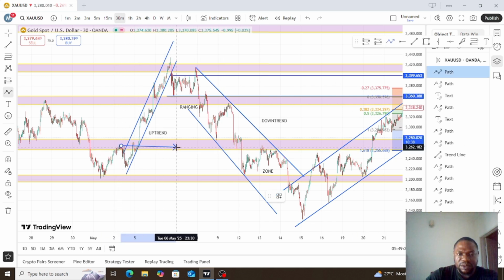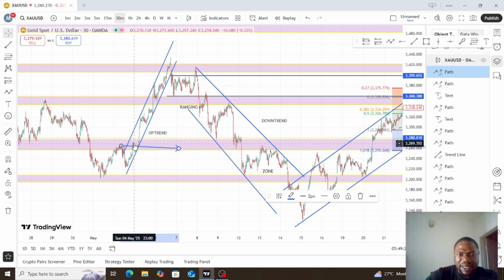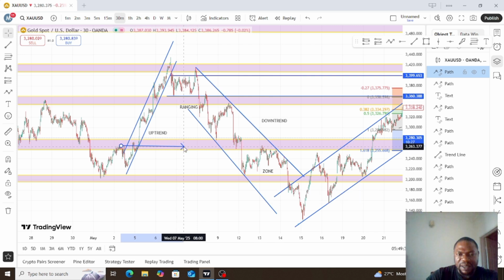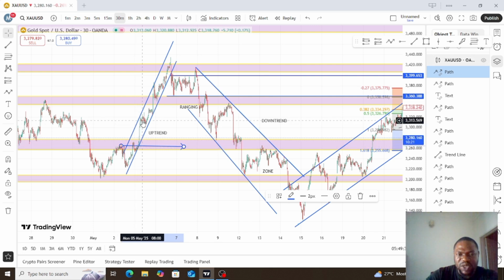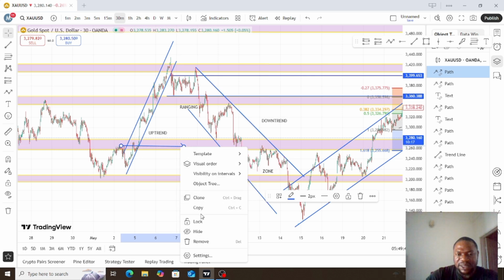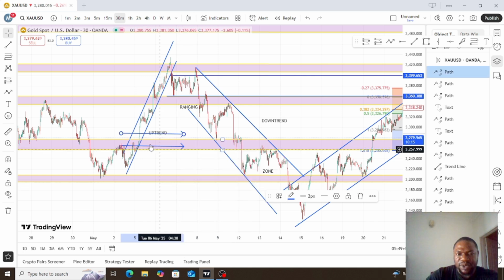You see, as small as it is, it gave us a new high here. And now we had another break of structure to the upside that gave us a new high here. So where did this break? This broke at this point. There was another break of structure to the upside.